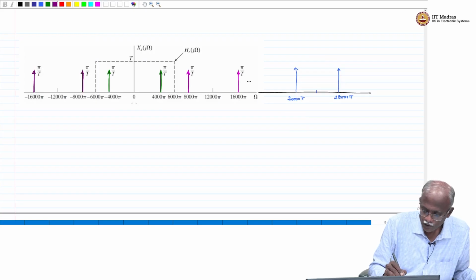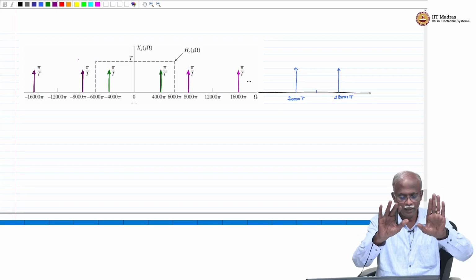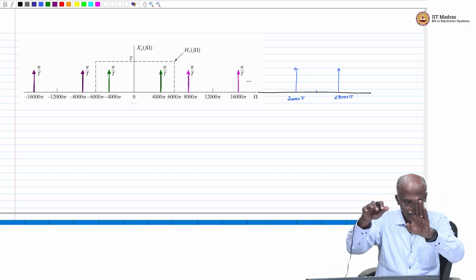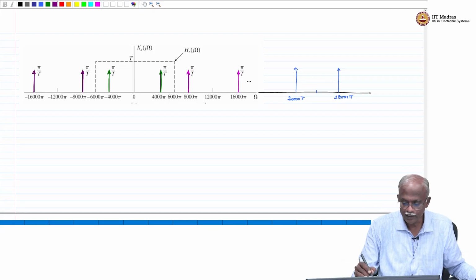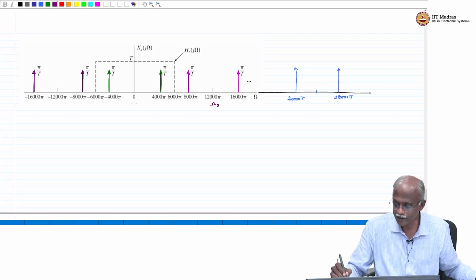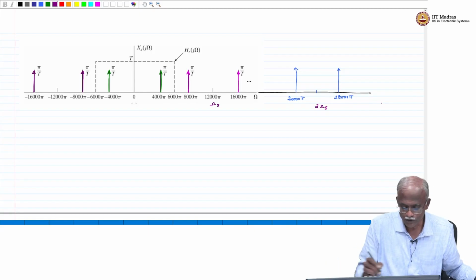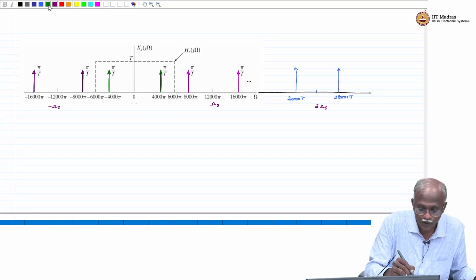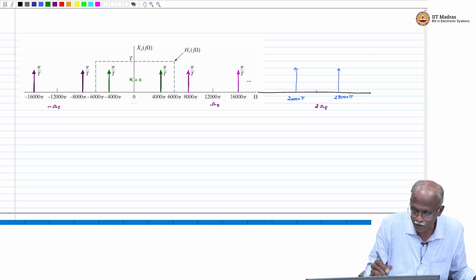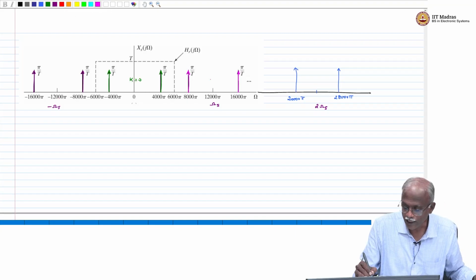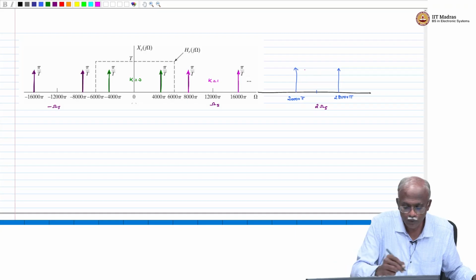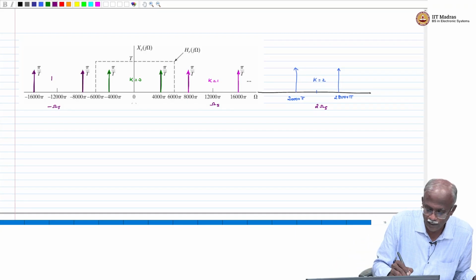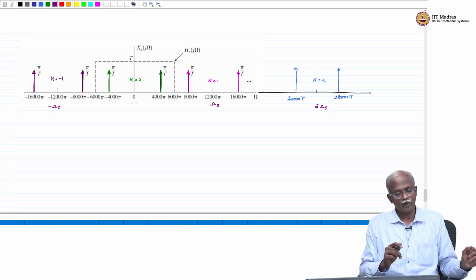Okay, so in the process of sampling, the original spectrum scaled by pi over t, the two Dirac delta functions, and then centered around omega s, 2 omega s and so on, minus omega s, all multiples. So green corresponds to k equal to 0, pink corresponds to k equal to 1, the blue corresponds to k equal to 2, and the brown corresponds to k equal to -1.